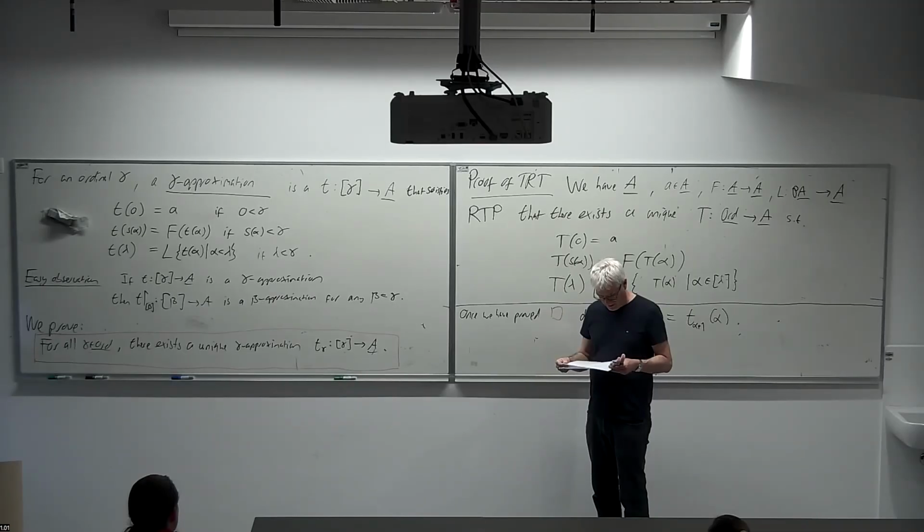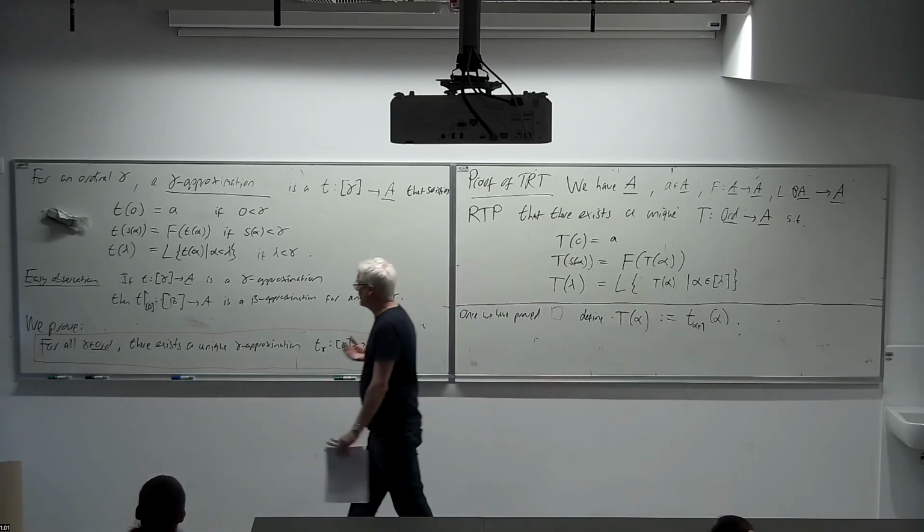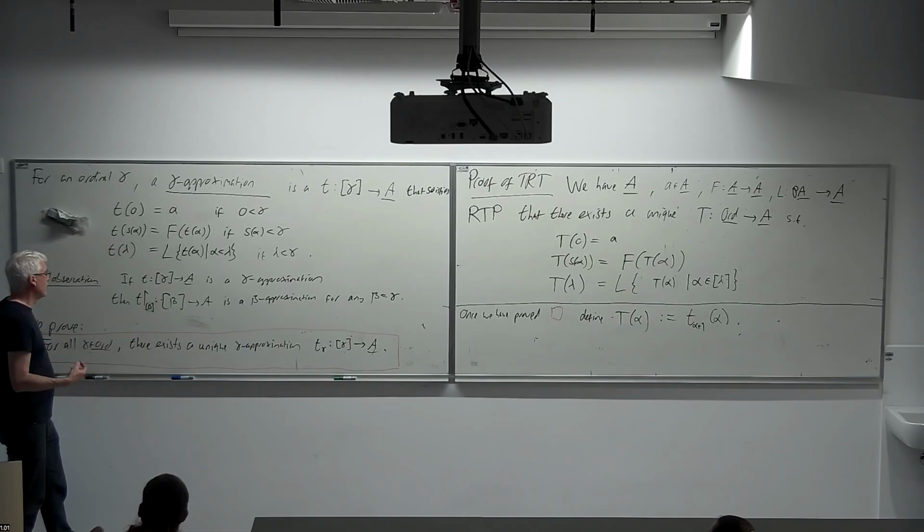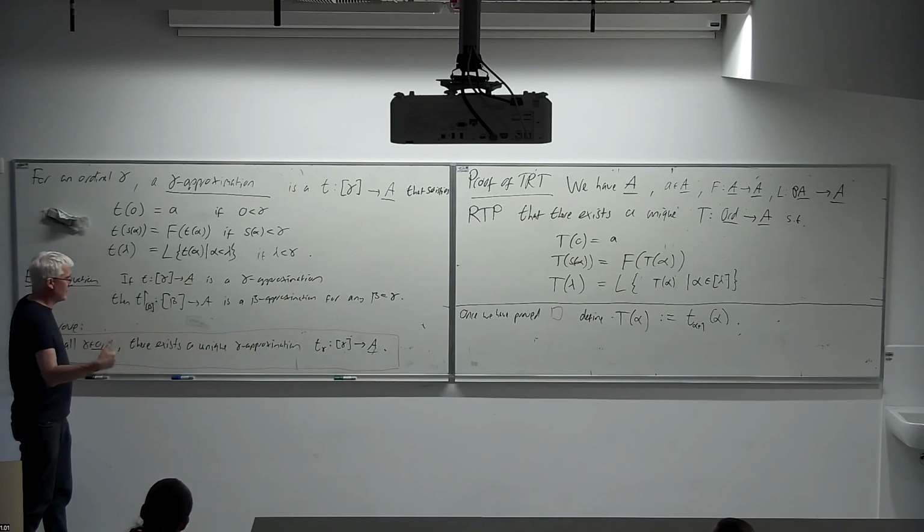And the limit case is 2/3 of a page. The 0 case is trivial, so let's not consider it. The idea is the same, though the details are of course different for the step case and the limit case.